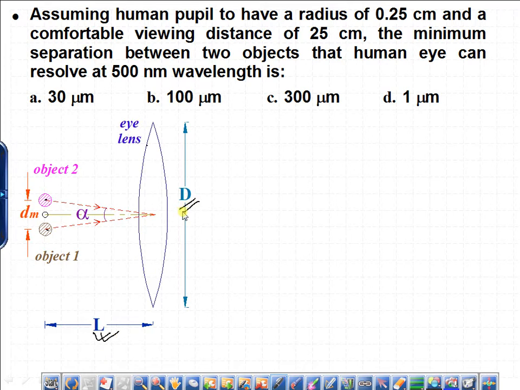Capital D is the diameter of the aperture through which the light rays enter the human eye. Now this is a straightforward application of a formula.